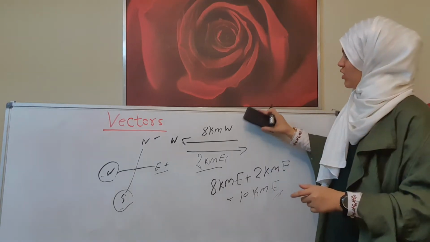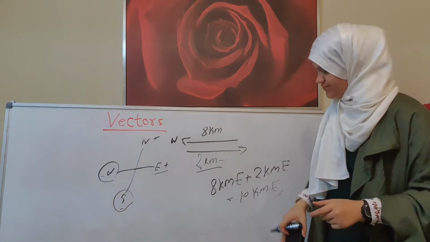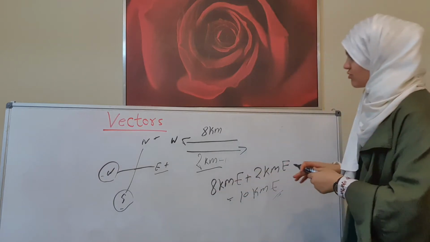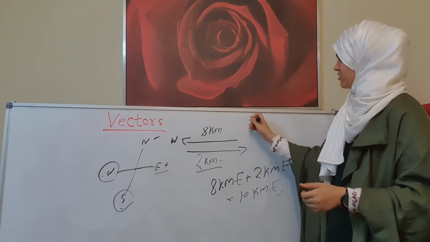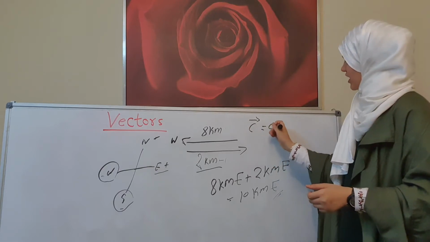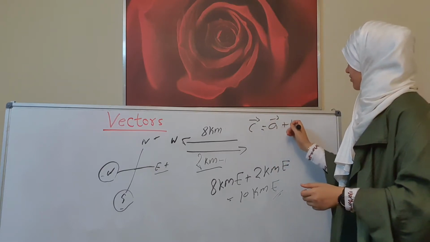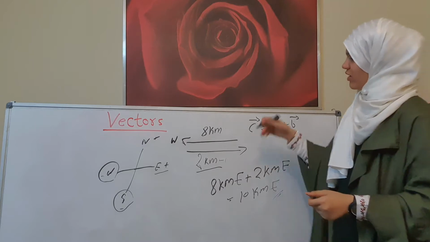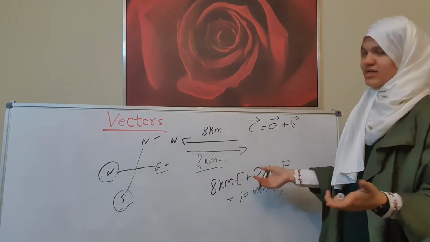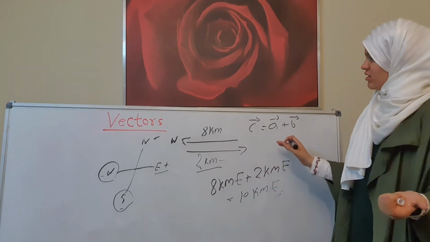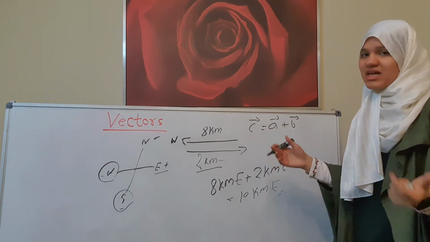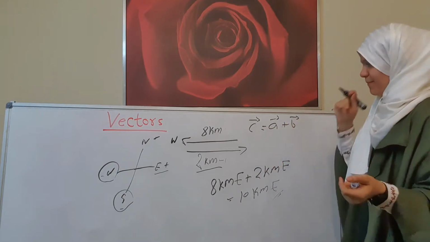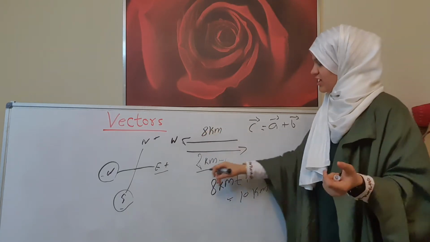Now we'll erase west and east. Why? Because we know the formula C is equal to A plus B. C is the resultant, or the sum. The sum is called the resultant of A plus B. Now we have 8 kilometer and 2 kilometer.